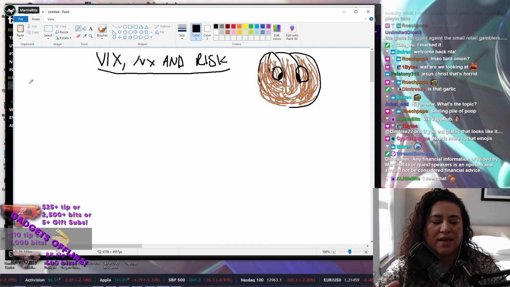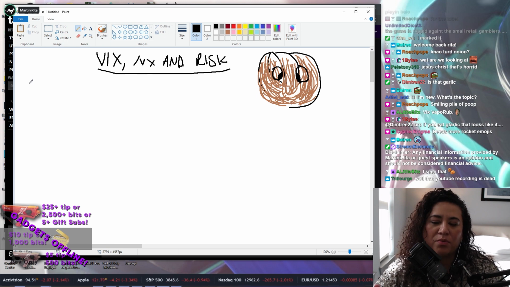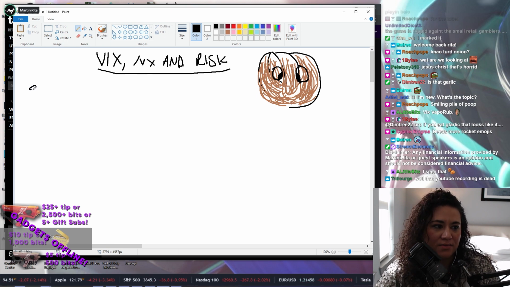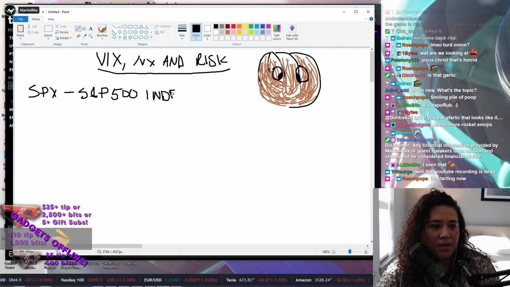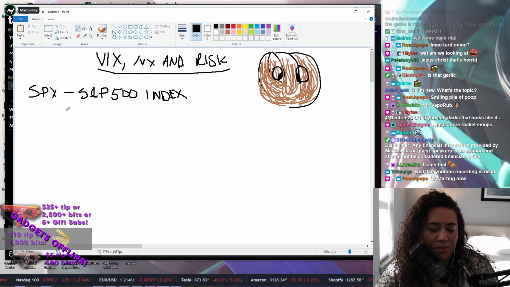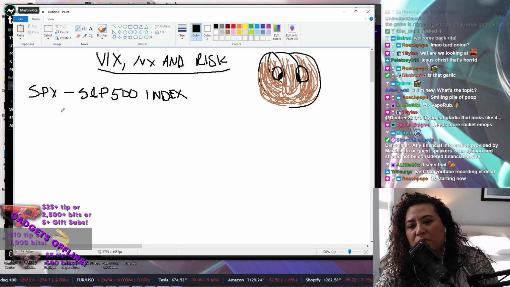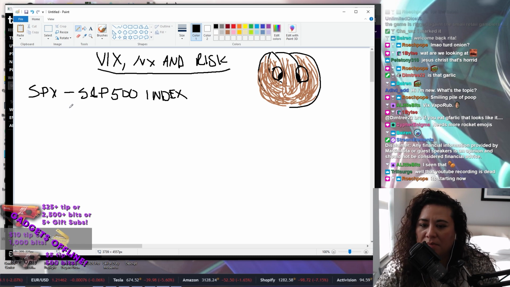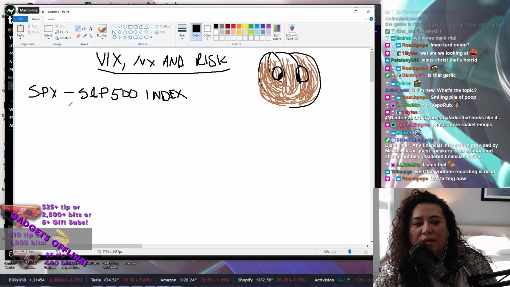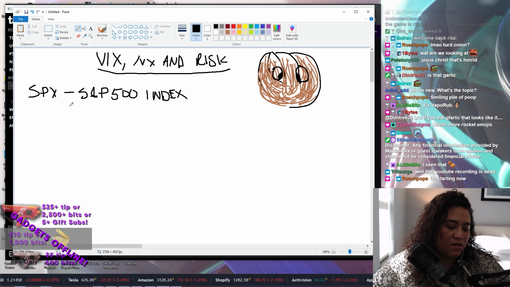Basically, they look at all the premium on SPX, which is the S&P 500 index, and they measure the prices of the options, the premium, and say how expensive they are. Meaning if they're expensive, it's because a lot of people are demanding to buy it.